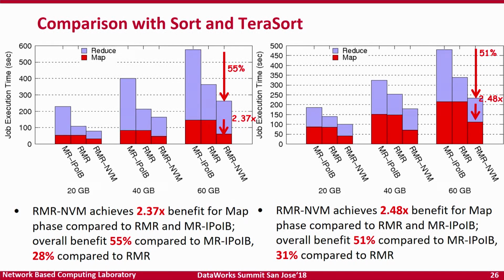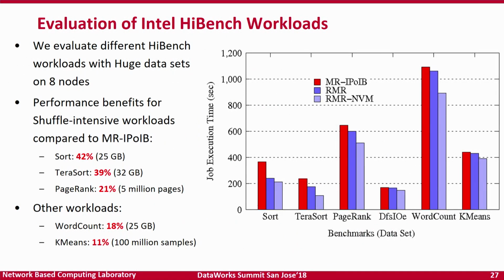So now let's take a look at the results. We have taken results for Sort and TeraSort. We see that our design achieves up to 2.3x benefit for the map phase, and overall about 55% benefit compared to the default design. And we also evaluated with Intel HiBench workloads.